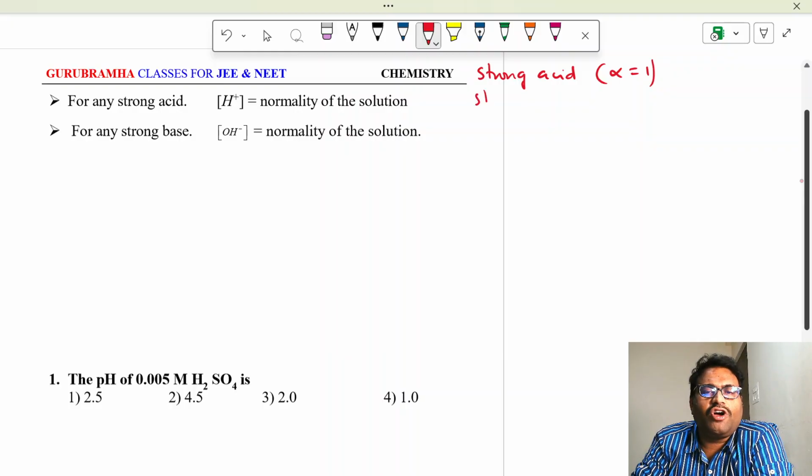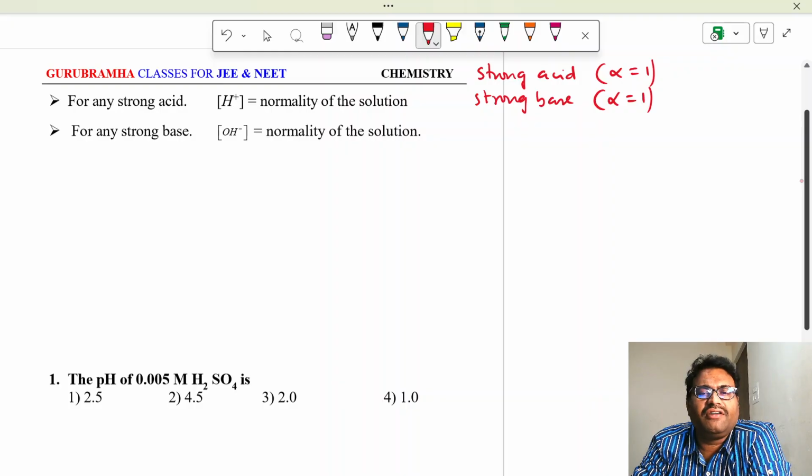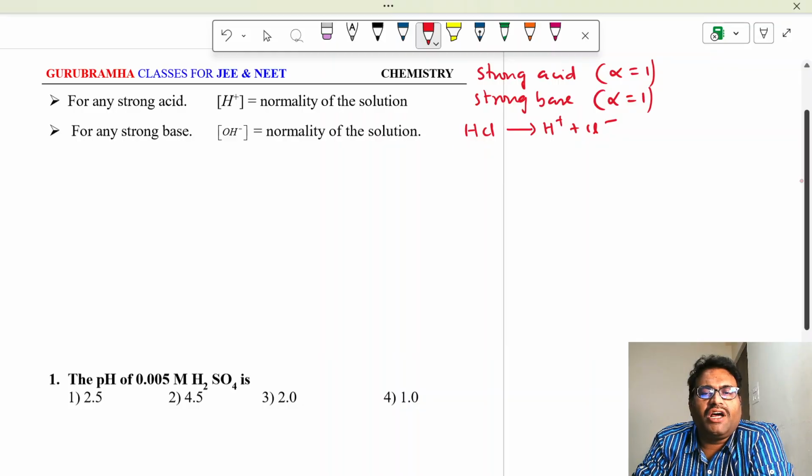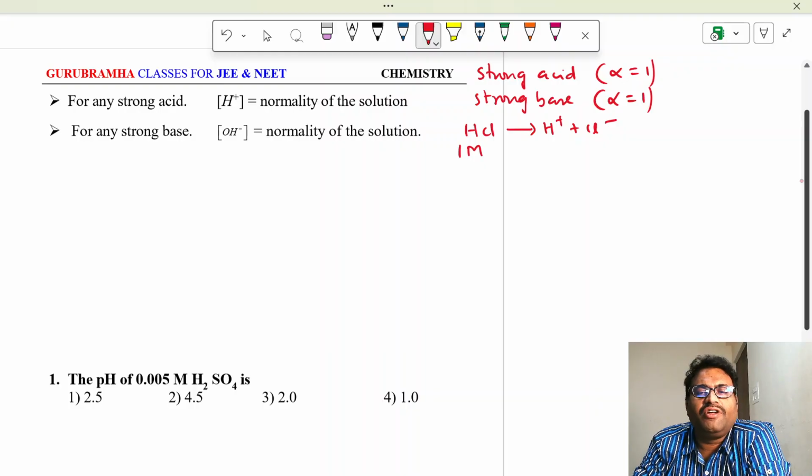In the same way, for a strong base, alpha is equal to 1. The meaning of strong base is also that alpha is equal to 1. Okay, for example, let us take HCl, a strong acid. It dissociates into H plus plus Cl minus. If 1 mole per liter of HCl is dissolved in water, 1 molar.